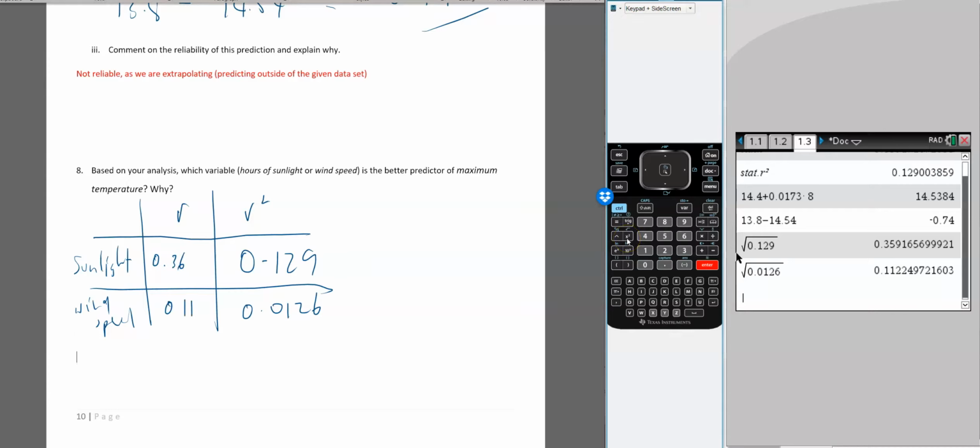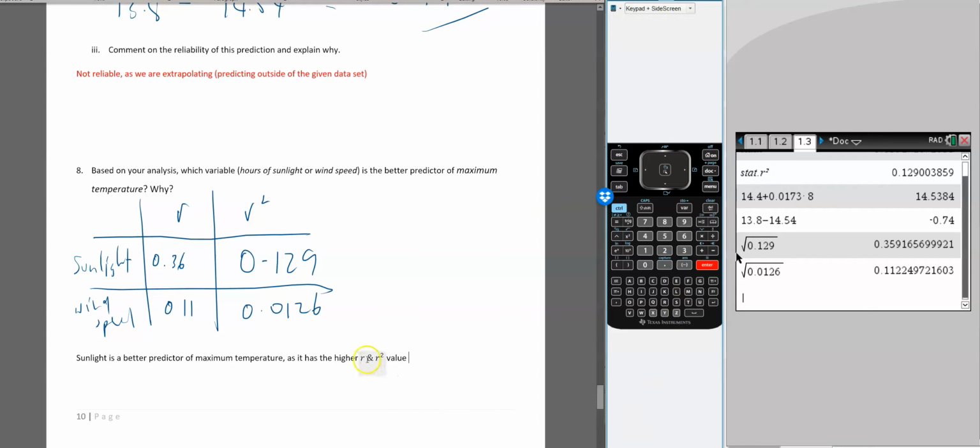So I would actually say sunlight is a better predictor of maximum temperature, as it has the higher R and R squared value.